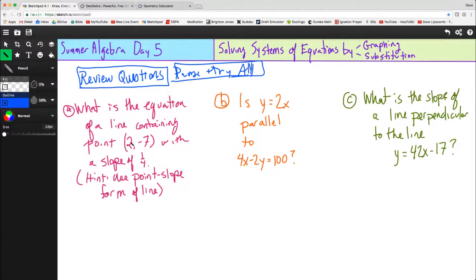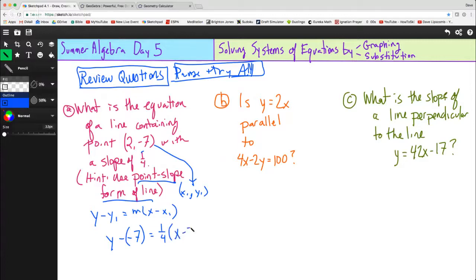Equation of a line containing point (2, negative 7) with slope of 1/4. If you use the point-slope form of the line, you can just write that. The point-slope form is y minus y1 equals m times x minus x1, with point x1, y1. We have a point and we have a slope, so we can just write this equation. y1 is negative 7, so y minus negative 7 equals 1/4 times x minus 2.